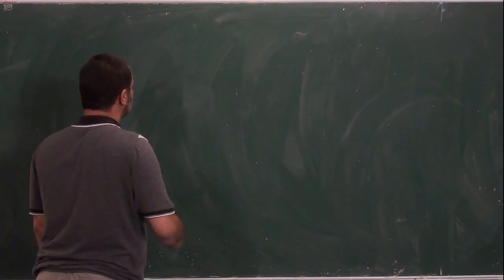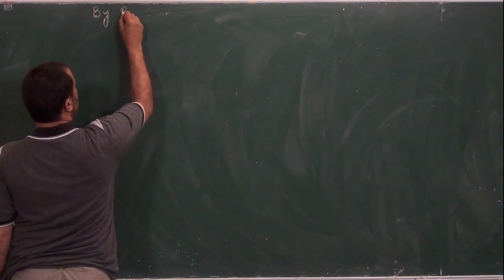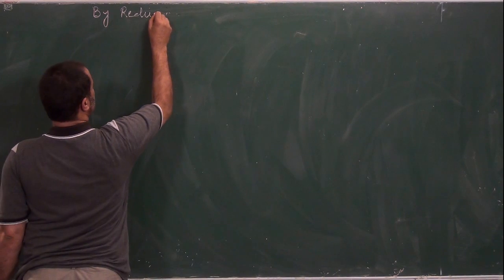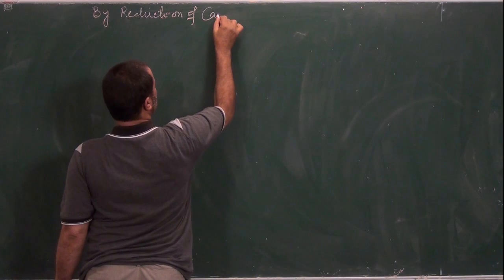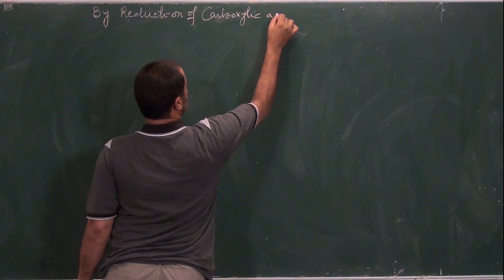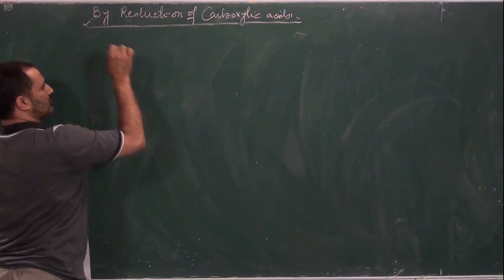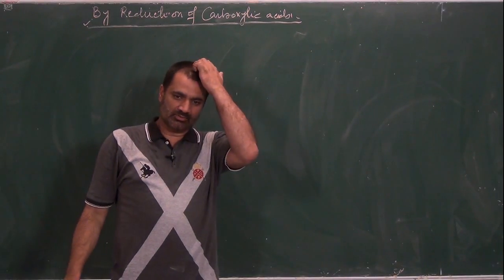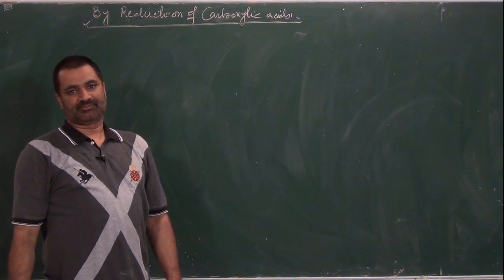Reduction of carboxylic acids. Alcohols can also be prepared by the reduction of carboxylic acids.